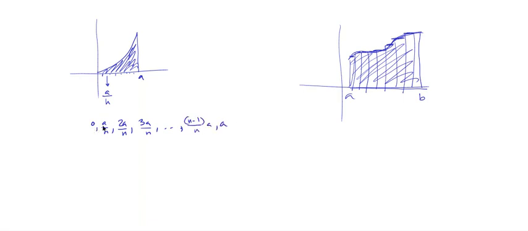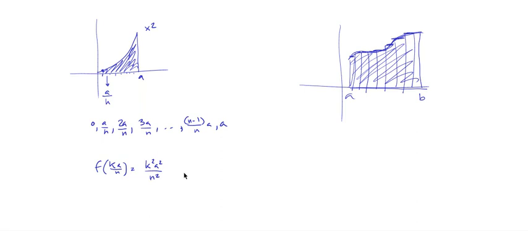Those are the points. We want to get an approximation of the function in this interval, and in the interval between 0 and a/n, we're going to take the highest value of the function, which is x squared, at the rightmost point, k a/n, where k goes from 1 to n. So it is k squared a squared divided by n squared.